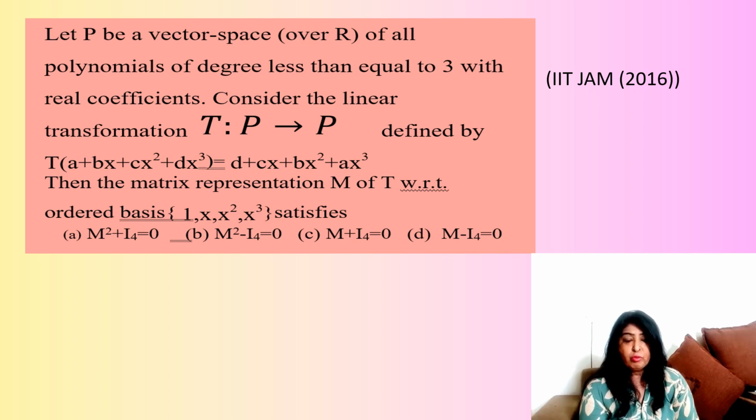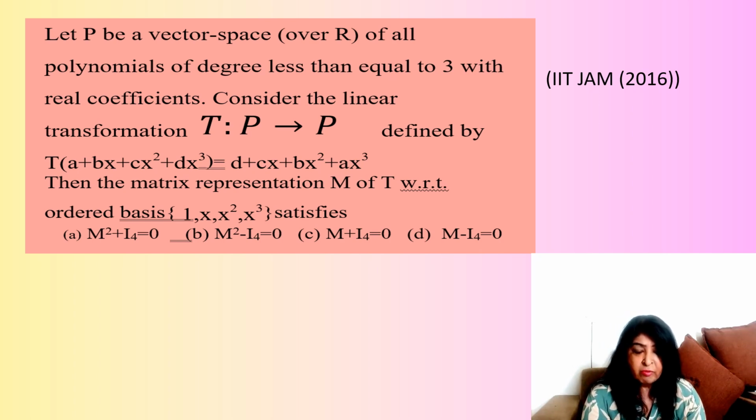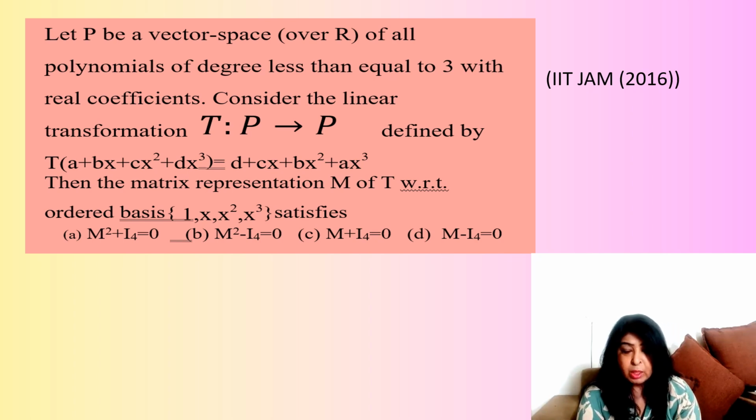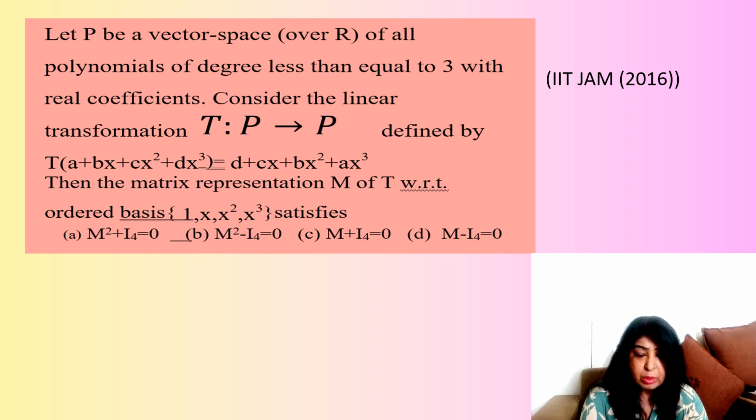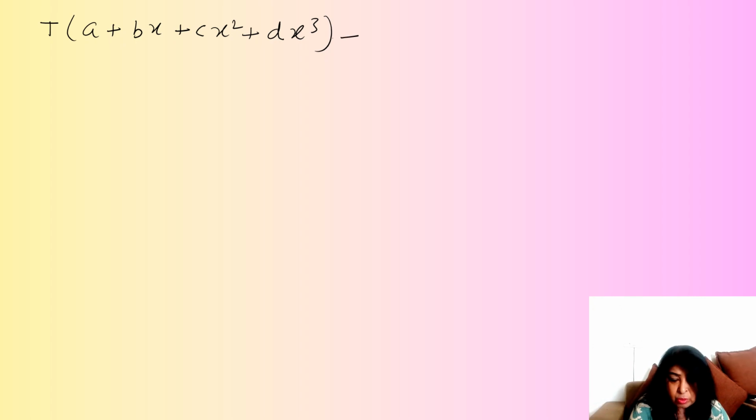So what we have to do, first of all, let us take another page. The transformation T of (A plus bx plus cx square plus dx cube) is equal to d plus cx plus bx square plus ax cube.